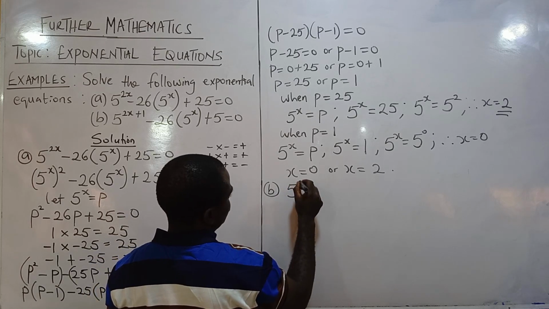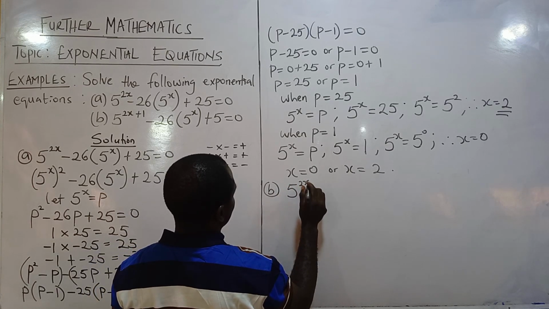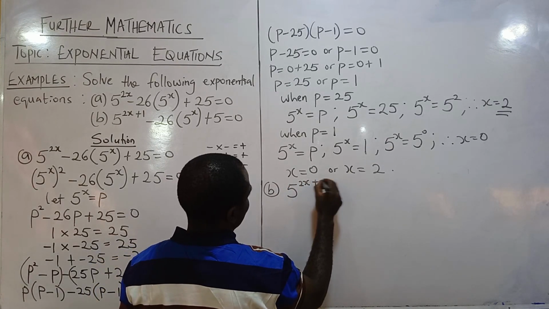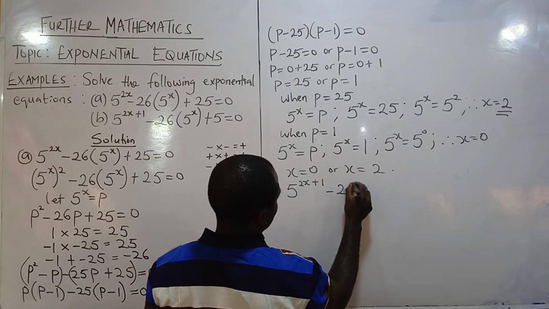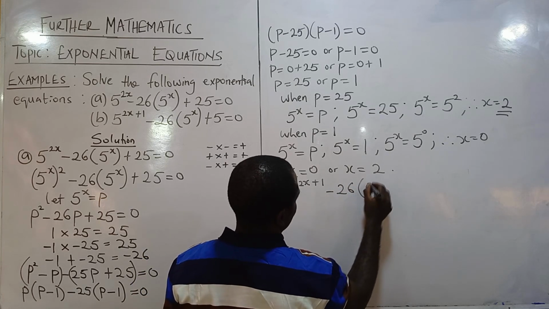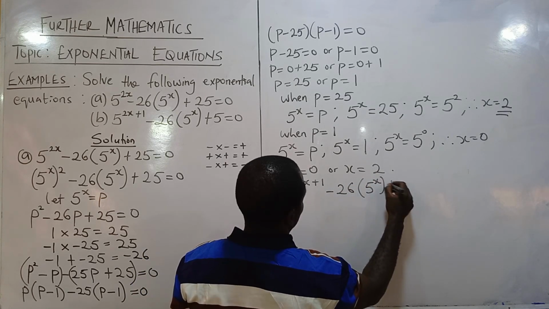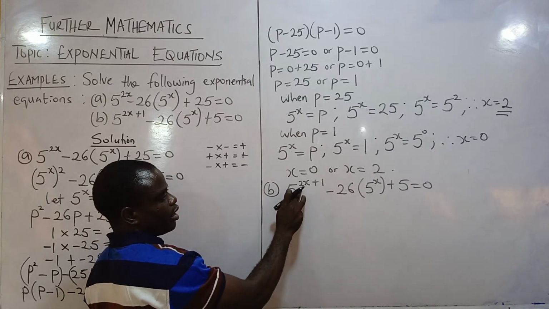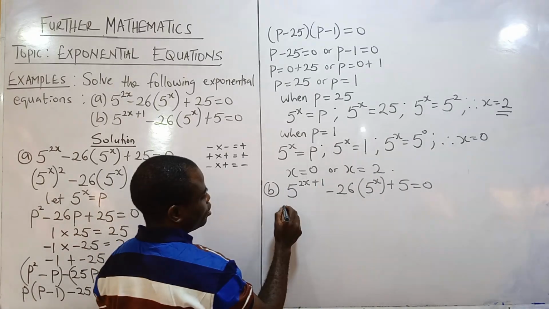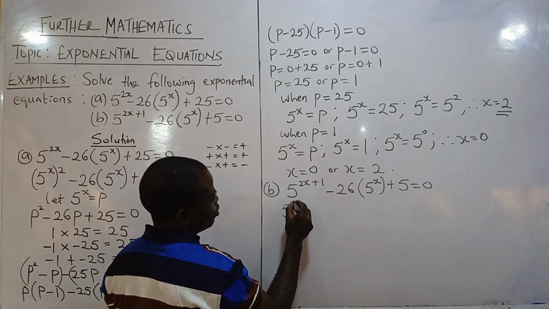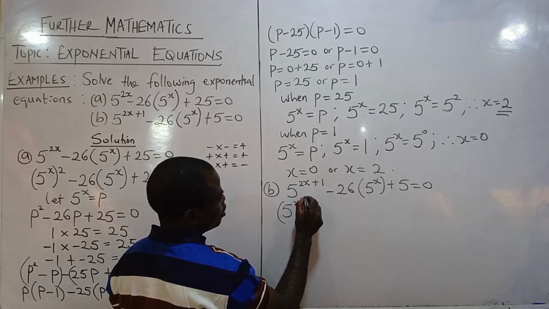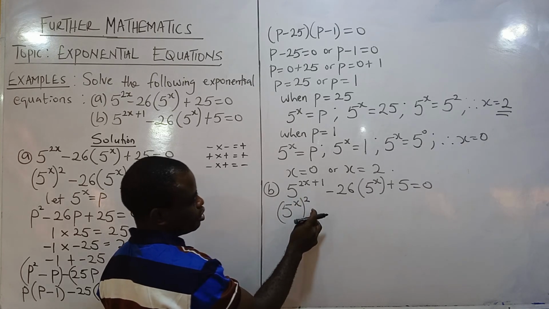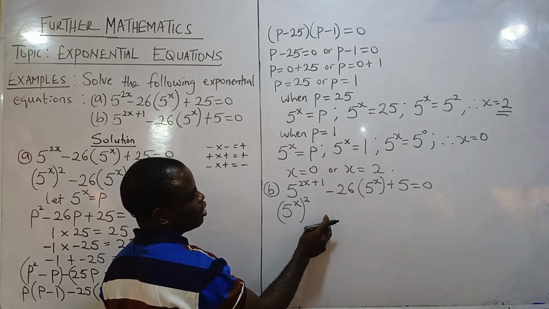We have 5 raised by 2x plus 1 minus 26 times 5 raised by x plus 5 equals 0. Now take the 2x to the front: 5 raised by x, close the bracket, squared. It's still the same thing. When you multiply the powers, it will give us 2x back.